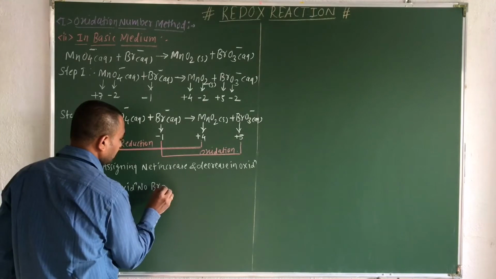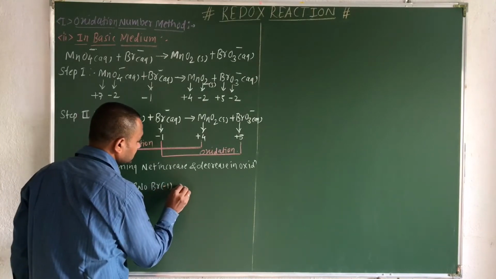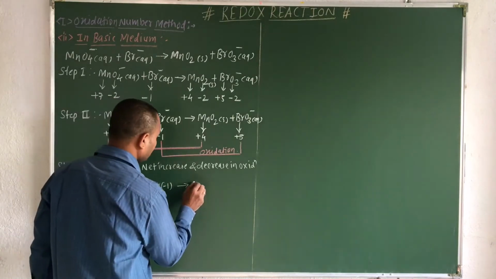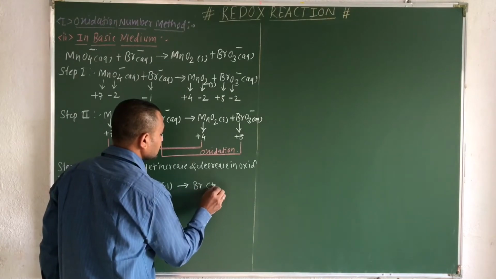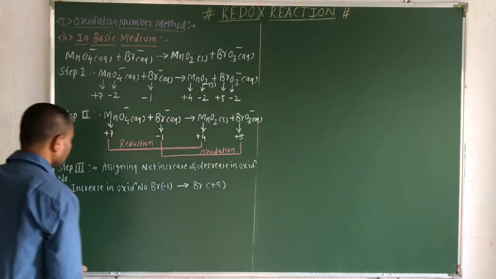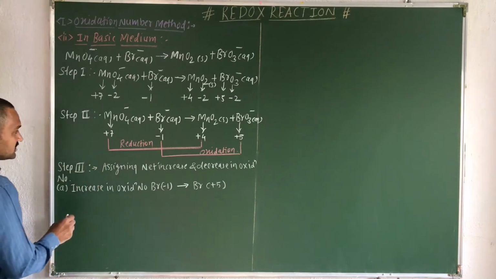Increase in oxidation number: bromine minus 1 to bromine plus 5. What about the increase per atom?